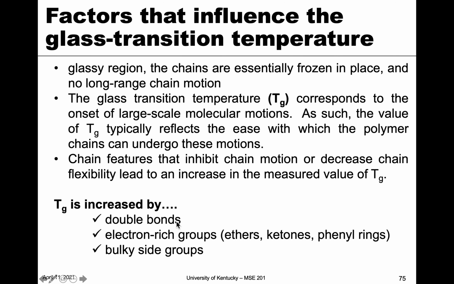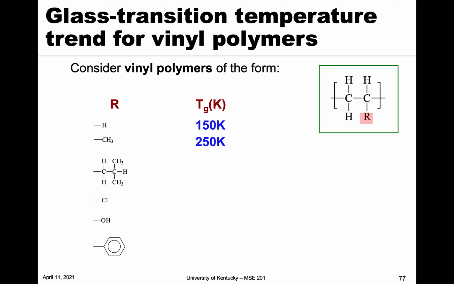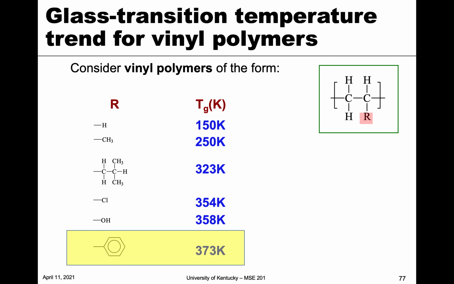Double bonds, electron rich groups, bulky side groups, anything like that is going to increase the Tg of the material. And so here you just see some examples of how these affect the glass transition for a given material. So for the answer for that one, then it's the phenyl ring at 373 K.